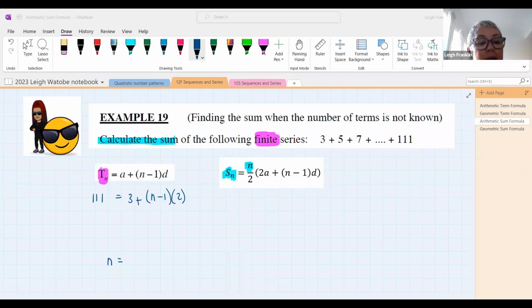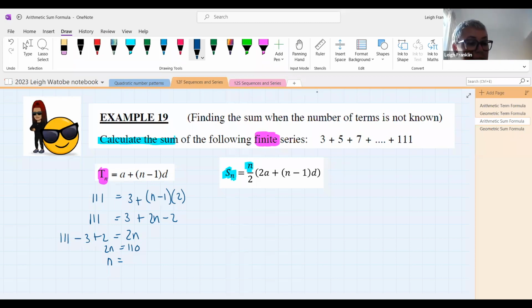That's lovely. Well done. So what we would have done here is expand our brackets and leave 2n on the one side and move all the numbers over to the other side. So minus 3 plus 2, and that means that 2n would be equal to 110, which is why you guys are saying that n is equal to 55.